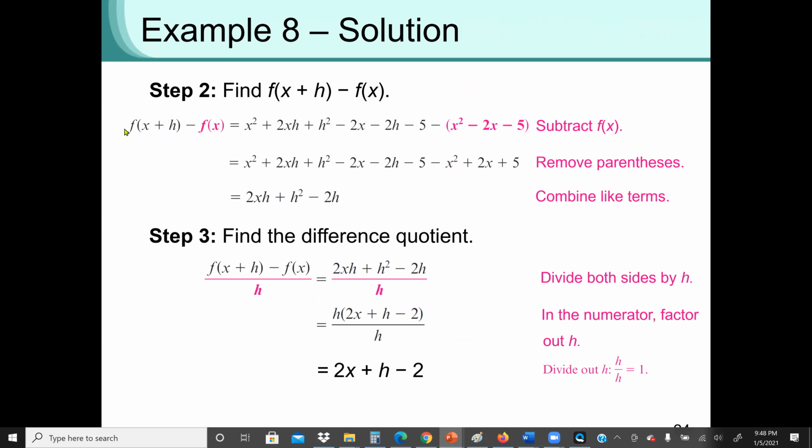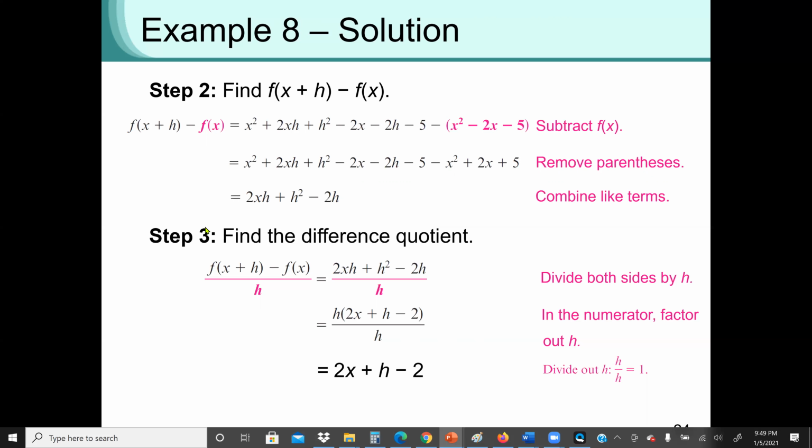So again we combine the two terms, f at x plus h minus f at x. This gives us x squared plus 2xh plus h squared minus 2x minus 2h minus 5, and minus f at x gives us x squared minus 2x minus 5.